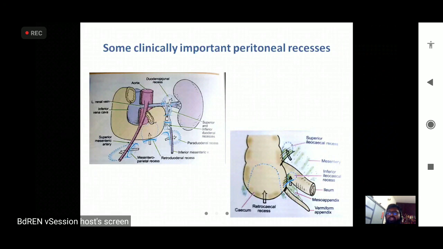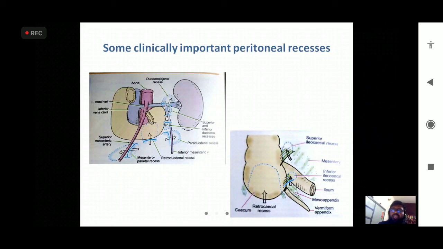And intraperitoneal recesses are very important to know, and we must know the locations of these recesses. The most important and the largest one is the lesser sac. Lesser sac is a recess. Why? Because it is a cavity between the big liver in front and big stomach behind. So something can be caught in between these spaces.